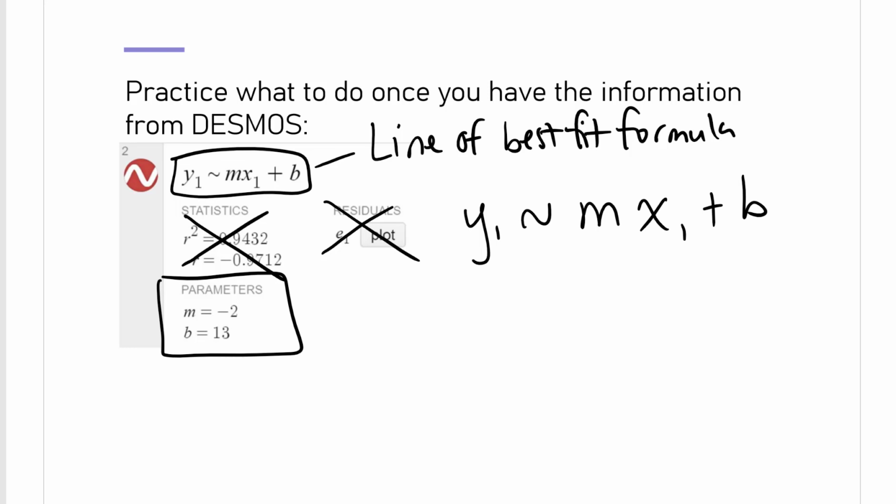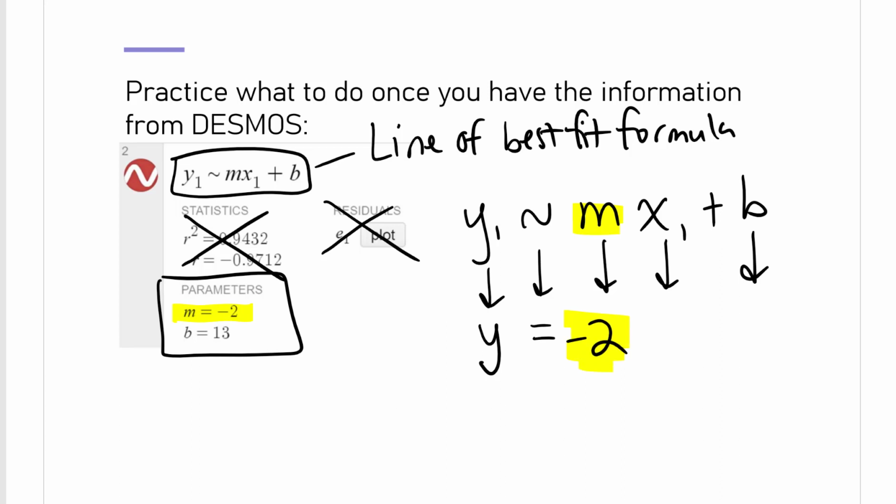Draw 5 arrows. 1, 2, 3, 4, 5. Y1 is Y. Squiggly is equals. M is -2. X1 is X. And B is 13.